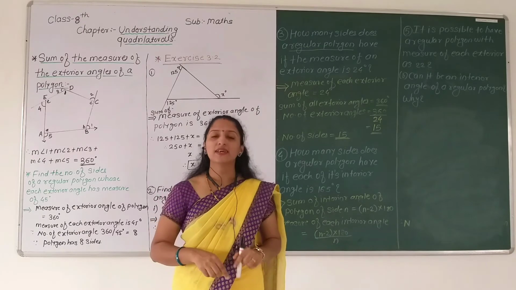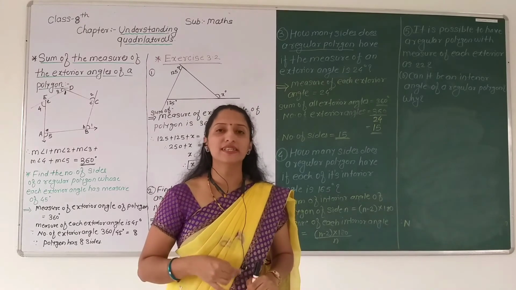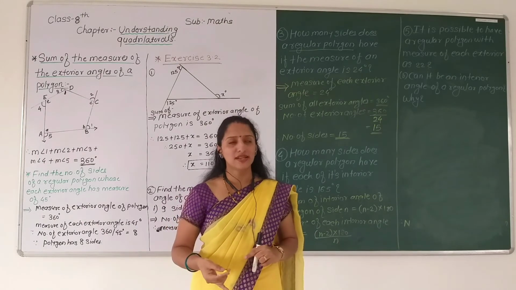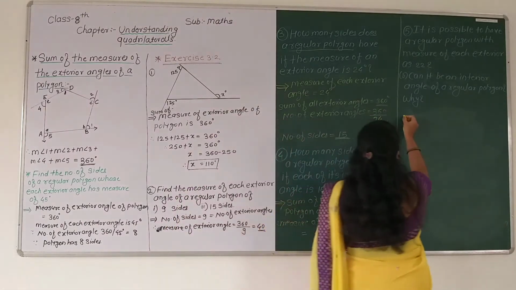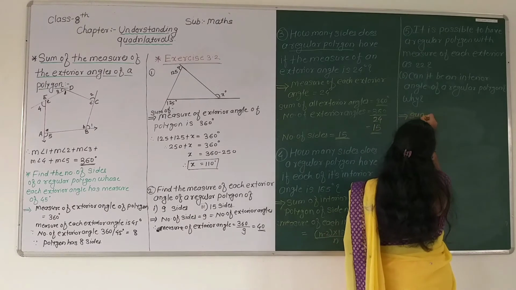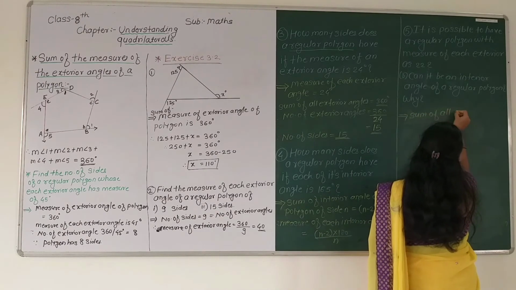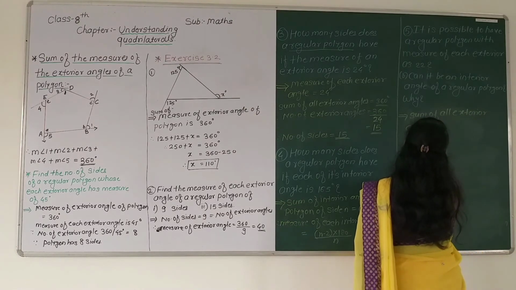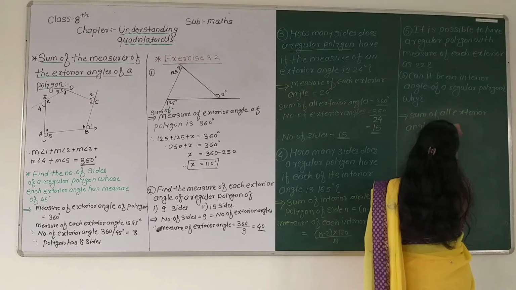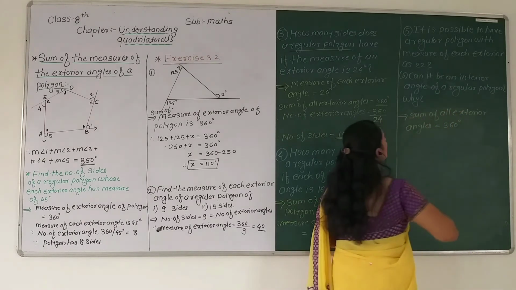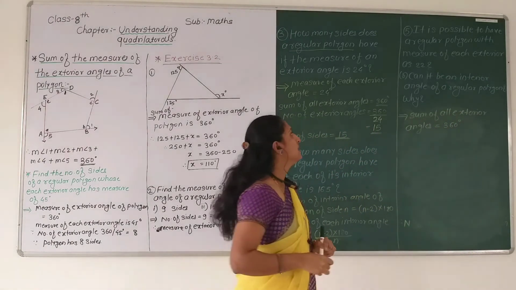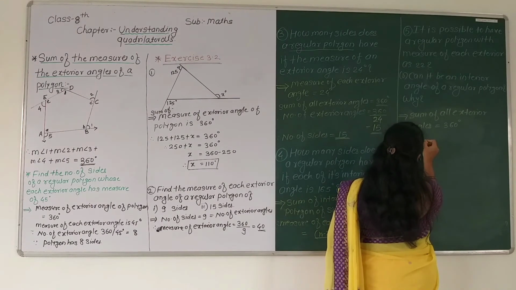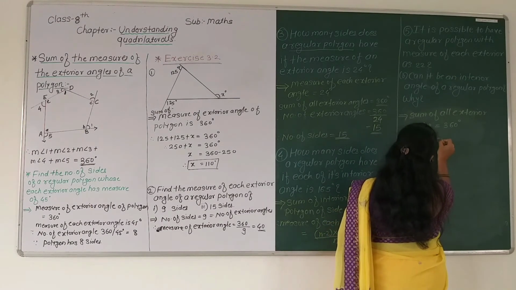Since we know that the sum of all exterior angles is 360 degrees. So here I write, sum of all exterior angles is equal to 360 degrees, and if the measure of each exterior angle is 22 degrees, then we can find the number of exterior angles from this.